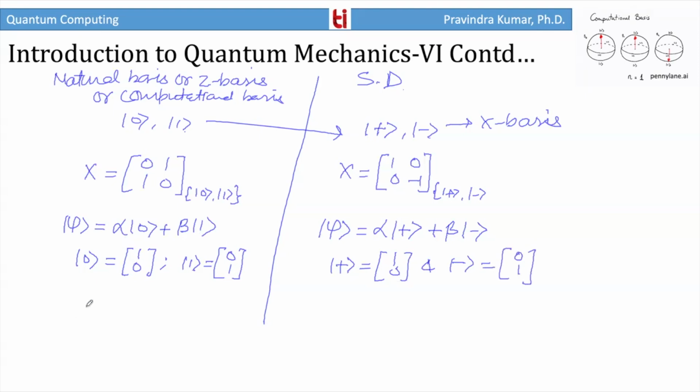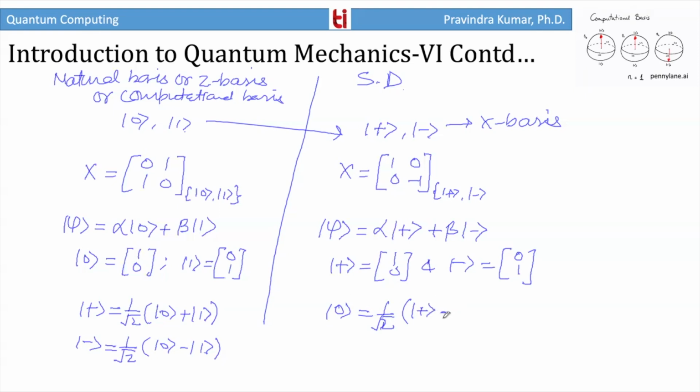In the Z basis, ket plus is represented as 1 by root 2 times ket 0 plus ket 1, and ket minus is represented as 1 by root 2 times ket 0 minus ket 1. And in the X basis, ket 0 is represented as 1 by root 2 times ket plus plus ket minus, and ket 1 is represented as 1 by root 2 times ket plus minus ket minus.